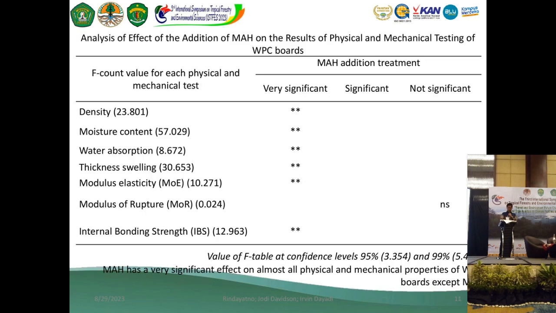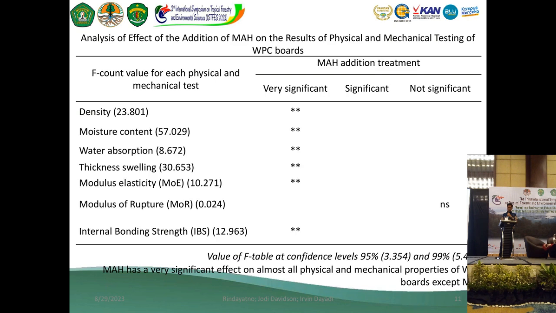Next. We used statistical analysis with ANOVA, and MA has a very significant effect on almost all physical and mechanical properties, except modulus of rupture.